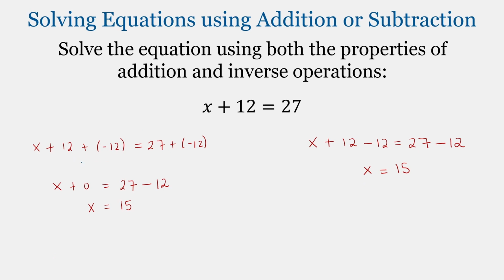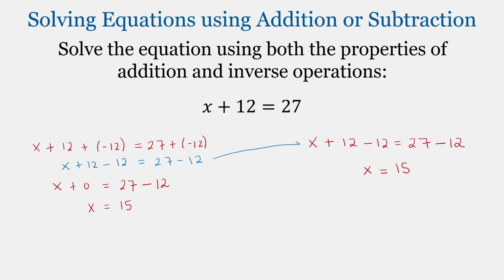Now I intentionally left this gap here. When we added this additive inverse, we have plus a negative. We can convert this into subtraction, and that would give us x plus 12 minus 12 equal to 27 minus 12. So I've converted all those additions of the additive inverse into subtraction.